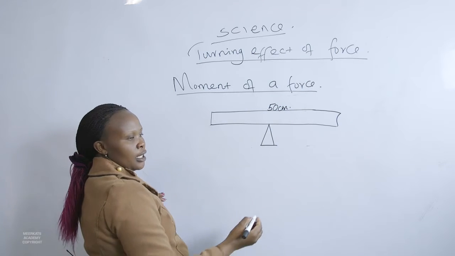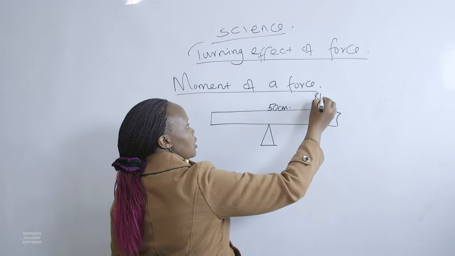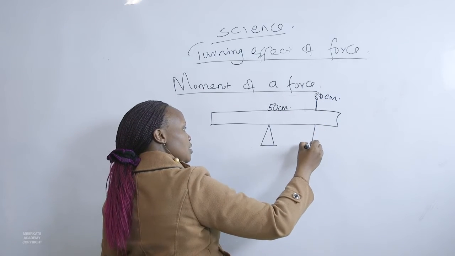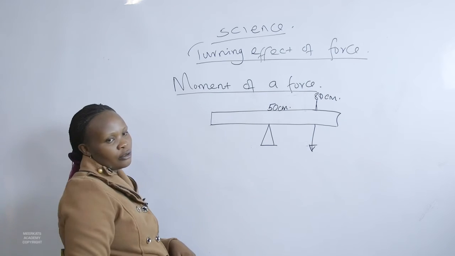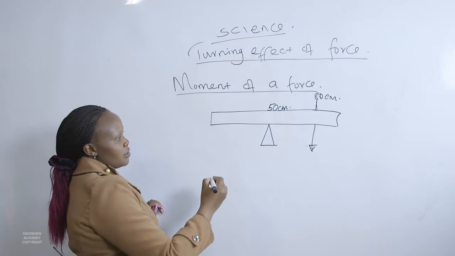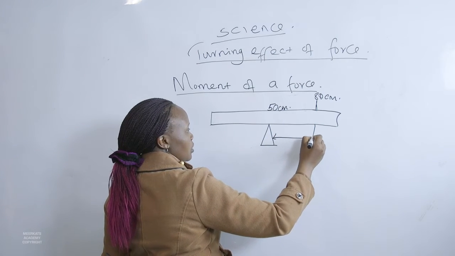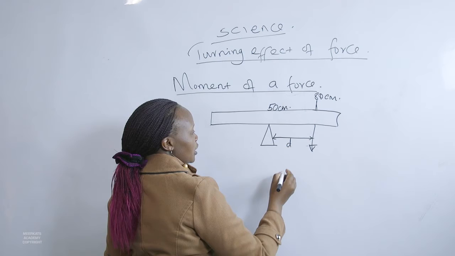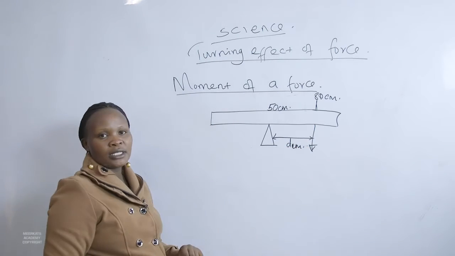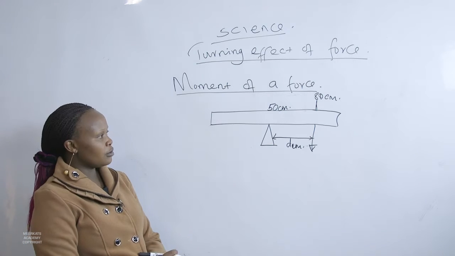Then probably at some point, for example, at the 80 centimeters mark, we have a force acting downwards. Now, there is this distance from the fulcrum. We are going to call D meters or centimeters, but here it is always important to work with SI units.